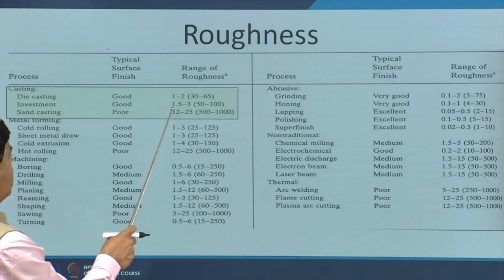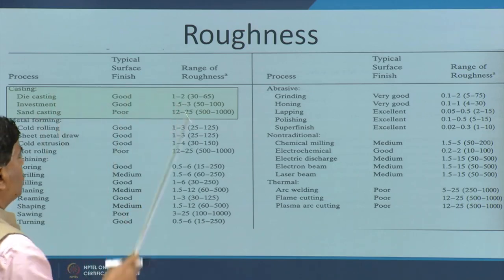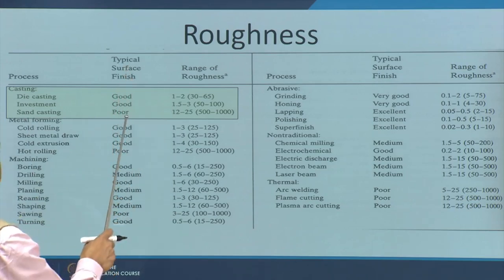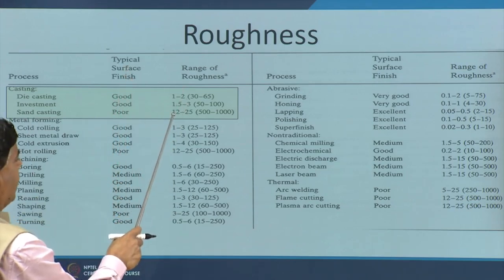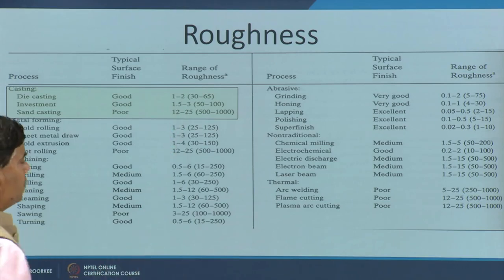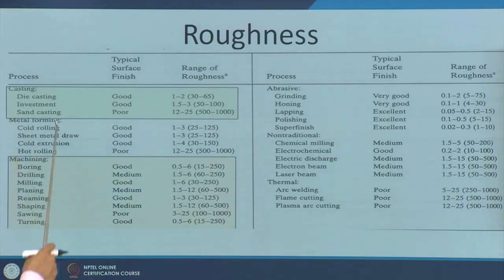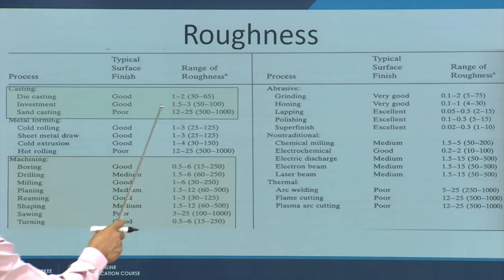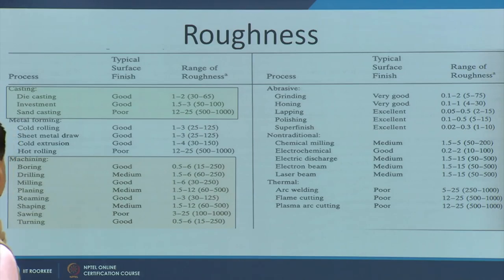Similarly, for investment casting roughness is 1.5 to 3 micrometer Ra. Now, sand casting offers a poor surface finish as the roughness is high, in the range of 12 to 25. But die casting offers quite a good surface finish, in the range of 1 to 2 micrometer.